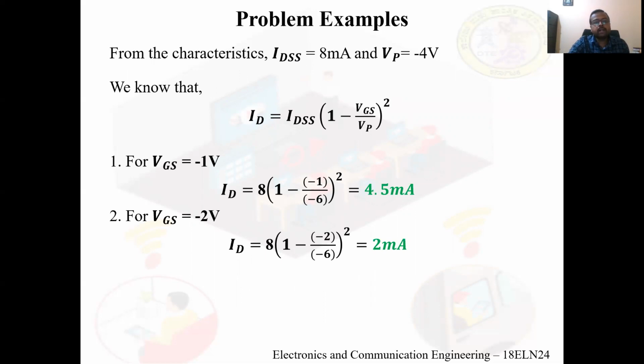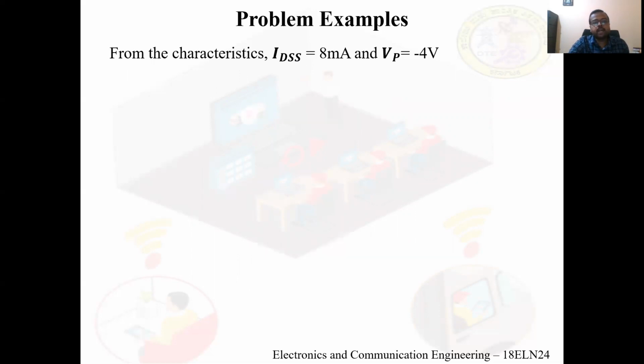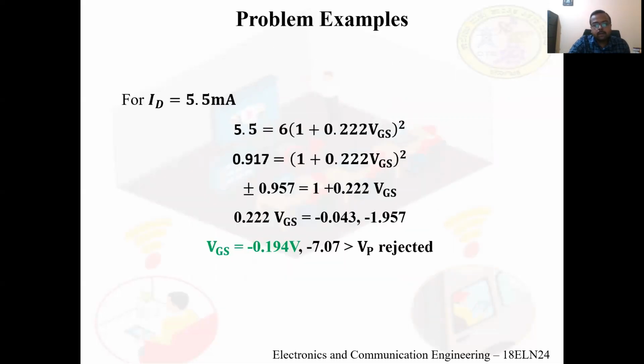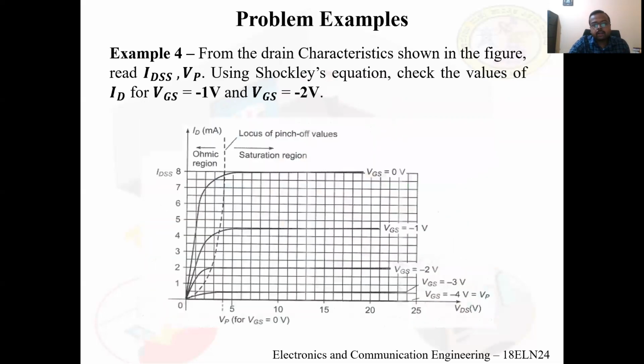Now if I go back to the previous screen, the diagram, you can see that for minus 1 volt, the value of drain current is 4.5. This value is somewhere between 4 and 5, so you get 4.5 milliamperes.